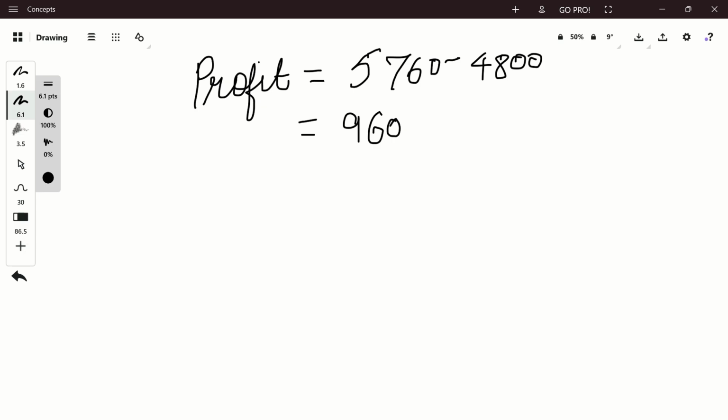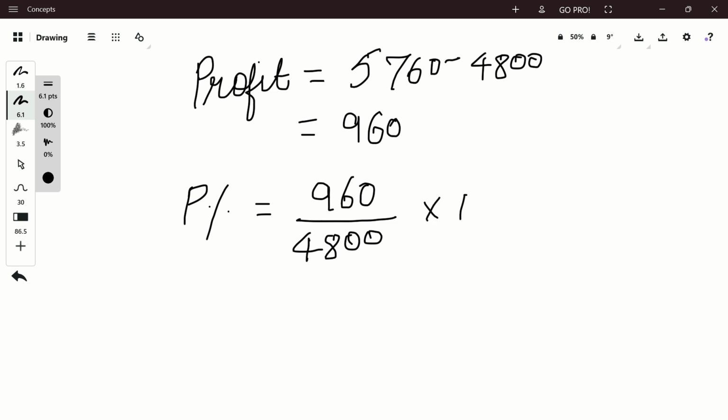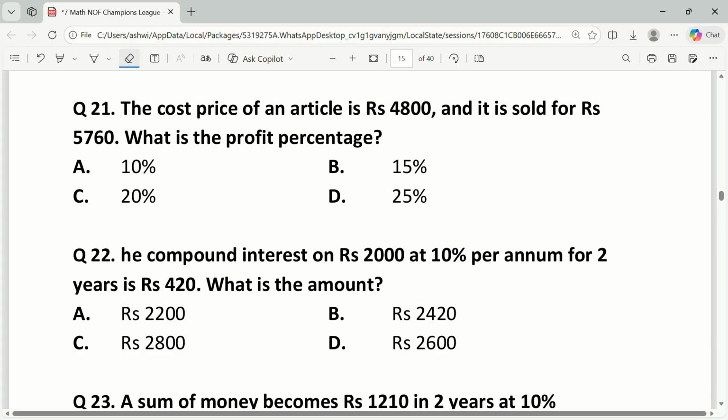The profit percentage is the profit divided by the cost price multiplied by 100. So profit percentage is equal to profit, which is 960, upon cost price, which is 4800, into 100, which is equal to 20%. Comparing with the options, the answer is C, 20%.